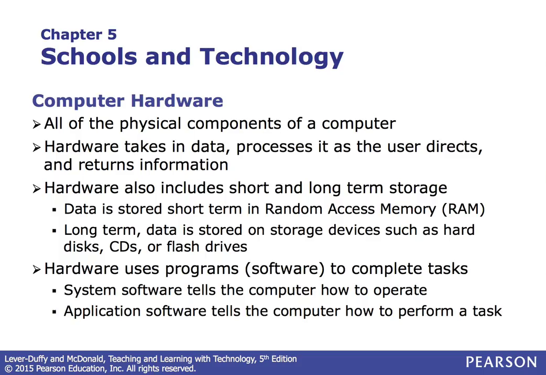You've got to have a browser, Internet Explorer, Firefox, Safari, Chrome, whatever, in order to look at the internet. That is a software package. You have to write papers, do PowerPoints, you need Office, obviously, those types of things. These applications tell the computer what to do and how to perform the task.